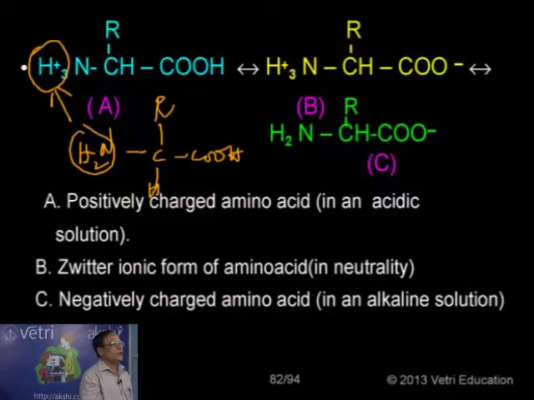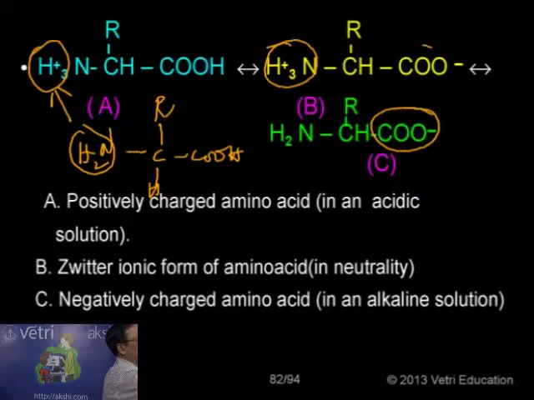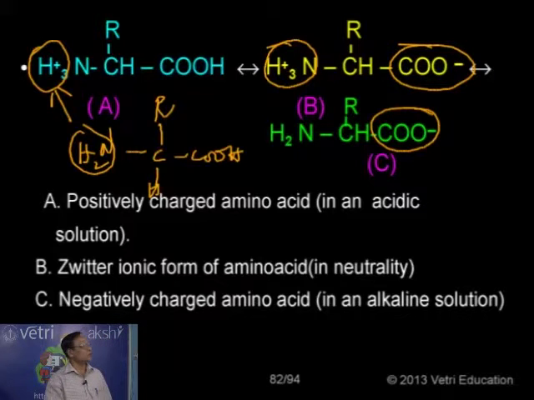When the same amino acid is placed, for example, in alkali, you see that it possesses a negative charge. So this is in alkali. And when in a solution of neutrality, you see that it possesses both positive and negative charges. Such forms are called Zwitter ion forms. So in acids, it possesses a positive charge. In alkali, it possesses a negative charge.